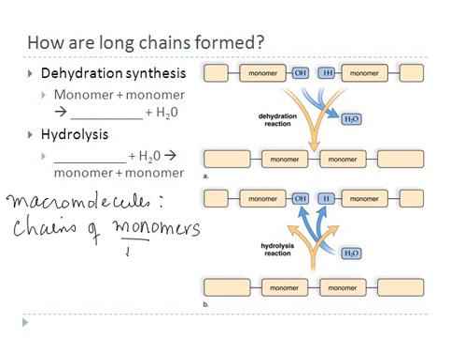Mono means one, mer is a unit. So literally the word implies that the chains of these units, or the monomers, are put together in longer chains, and these chains are going to be formed of either a carbohydrate, lipid, protein, or nucleic acid.